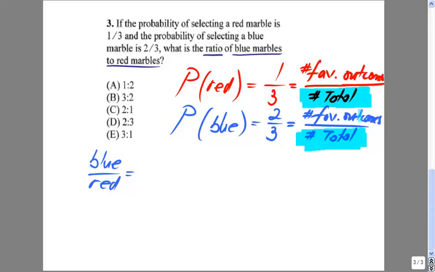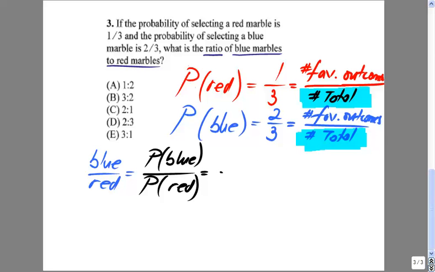And basically what you're looking for is to see what is the ratio of favorable outcomes, which basically relates to how many blue marbles you have, to the ratio of favorable outcomes for the red marbles, which basically tells you how many red marbles you have. So all you have to do in here will be to divide the probability of getting blue by the probability of getting red, because what's happening in this case?